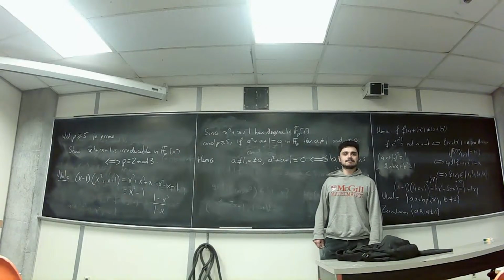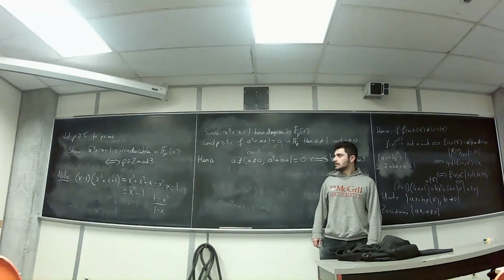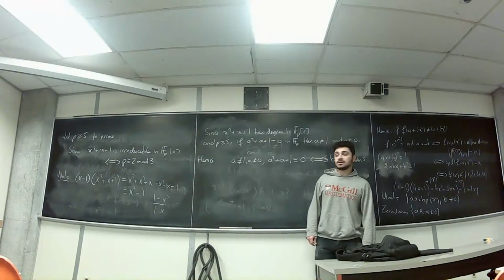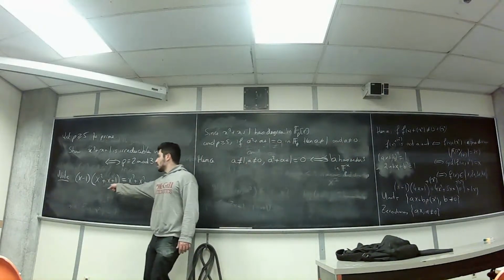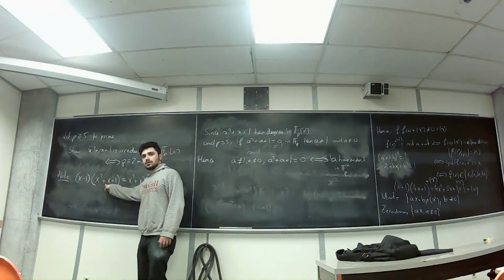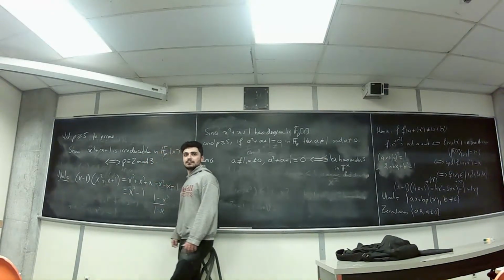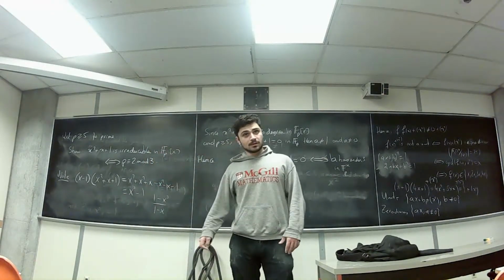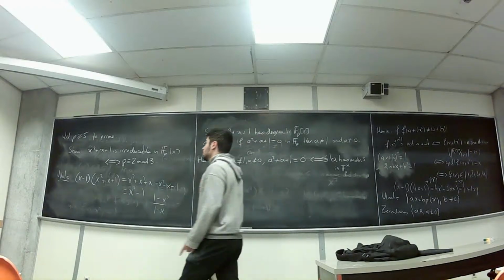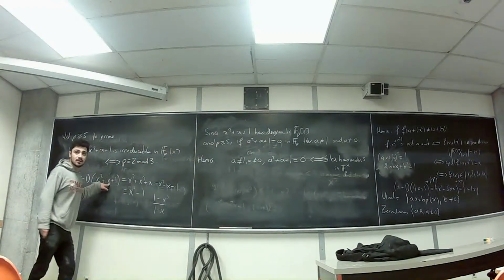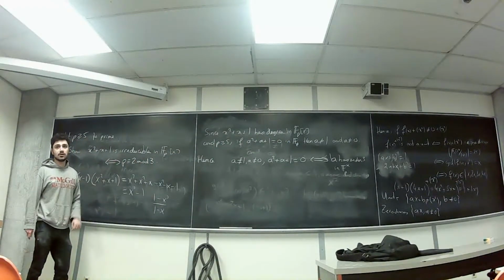I just don't quite understand what the whole root thing is helping us. Because you have a root, any root of this polynomial will be an element of order 3. So a root of this polynomial exists if and only if Fp star has an element of order 3.